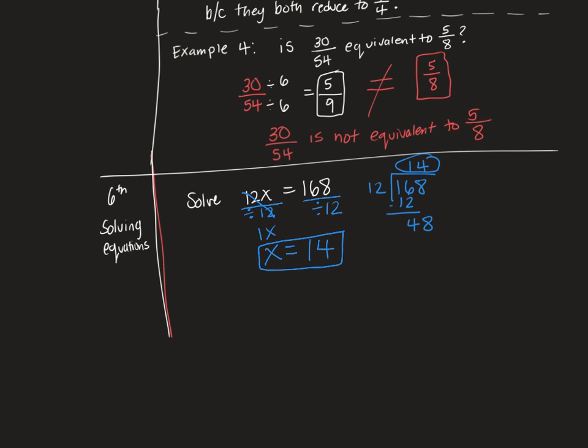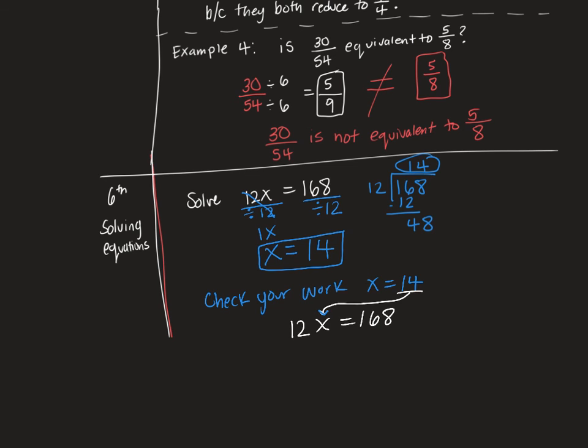That's cool. And then you can double check it later. Like you can check your work. You said x is equal to 14, right? Your original problem was 12x equals 168. Plug in 14 right here.